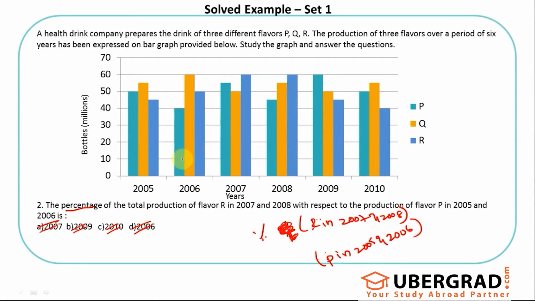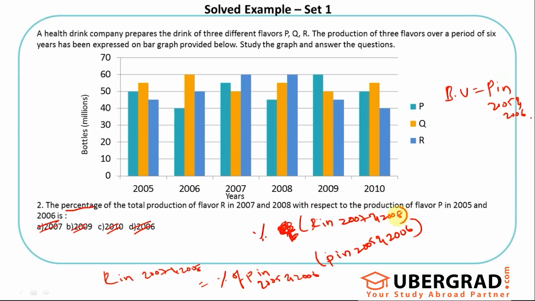So it is like this. They are asking the percentage of the total production of flavor R with respect to the production of flavor P. So the base value for me is P in 2005 and 2006. So I have to understand R in 2007 and 2008 is equal to what percentage of P in 2005 and 2006.